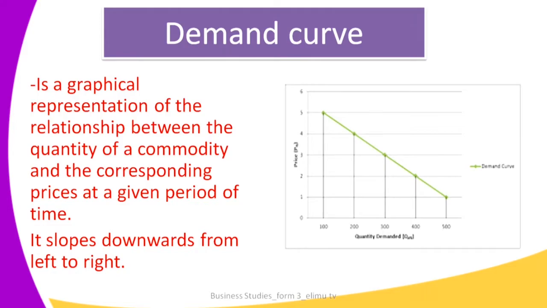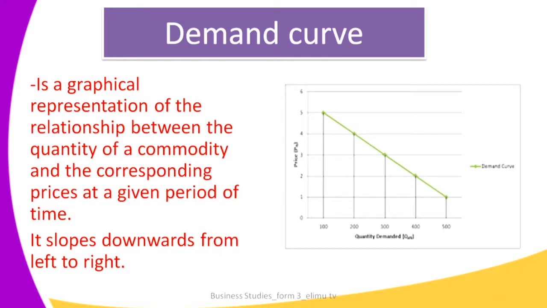Let's now look at the demand curve. A demand curve is a graphical representation of the relationship between the quantity of a commodity and the corresponding prices at a given period of time.